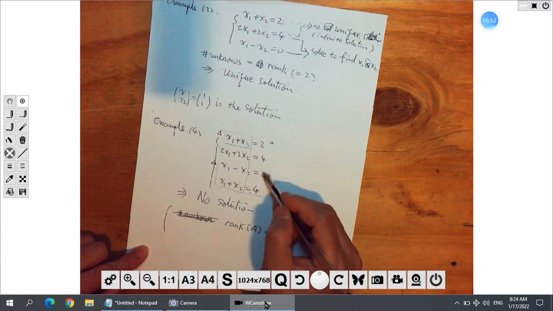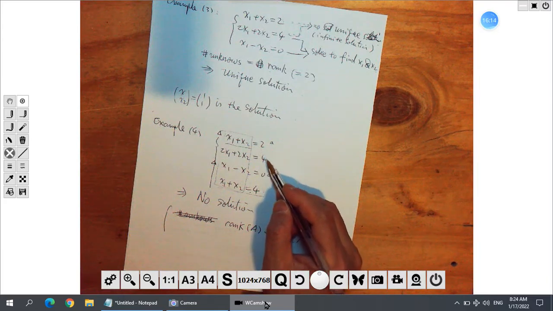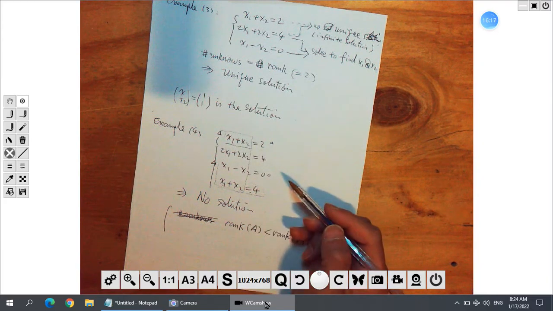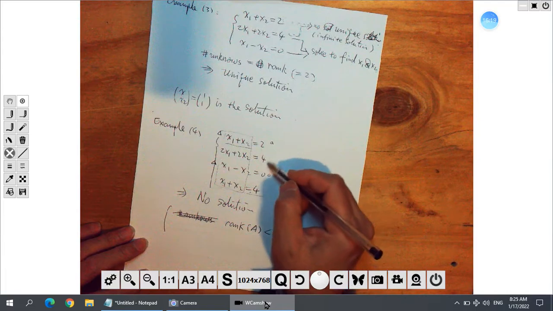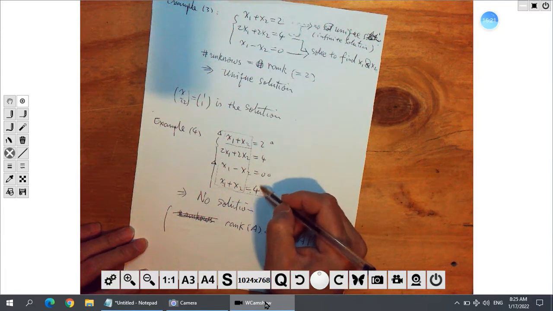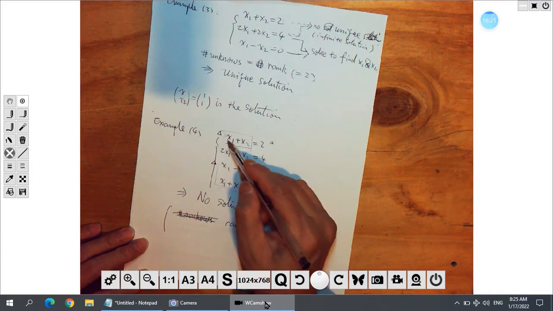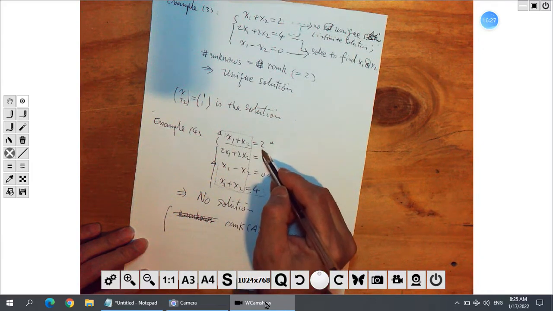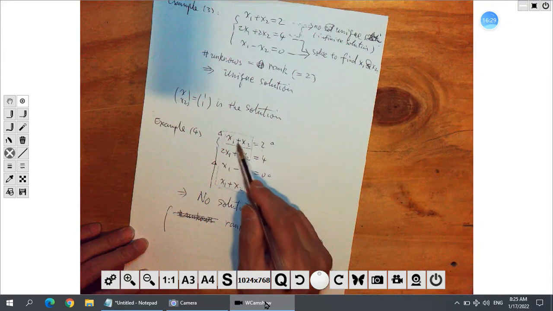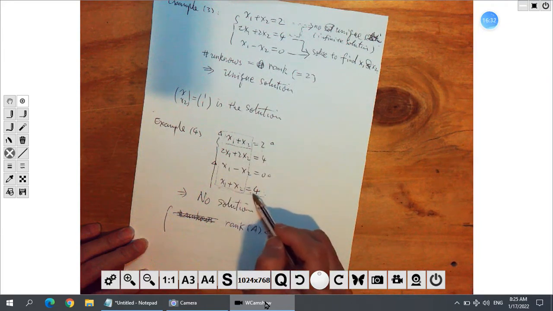Then you still have the 2 equations. But now this is 4. So this 4 really provides us a new equation. It is not the same as the first. The first is x1 plus x2 is 2. This is x1 plus x2 is 4.